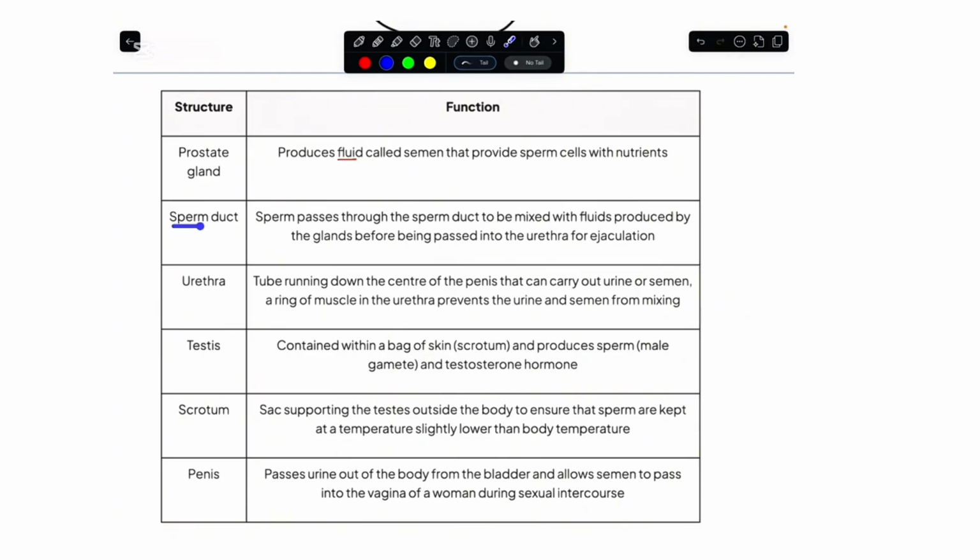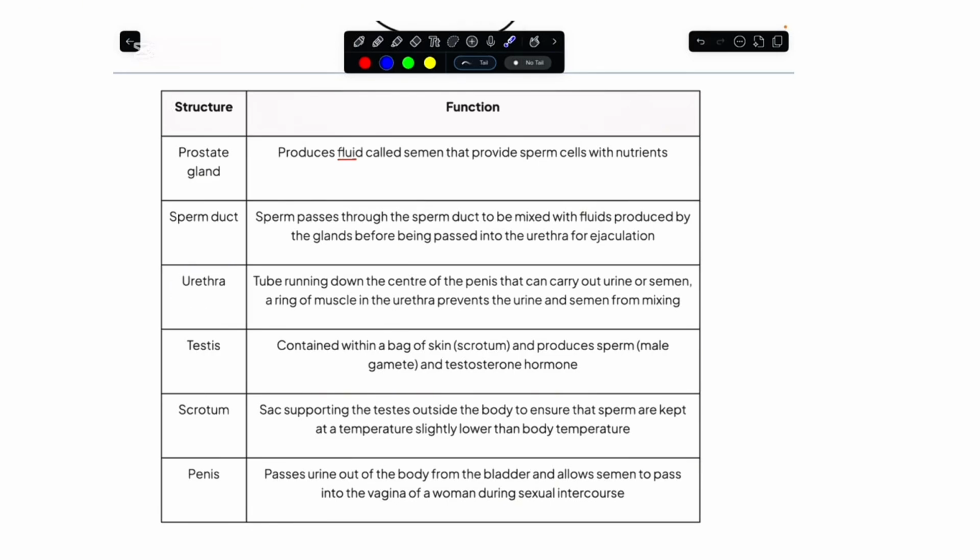Afterward, there is the sperm duct, and as you see above, this allows the sperm to pass through the spermatic duct, and ultimately on the way it gets mixed up with the secretions of the prostate gland and the seminal vesicles. Before ejaculation, this semen enters from the spermatic duct, ultimately coming into the urethra.